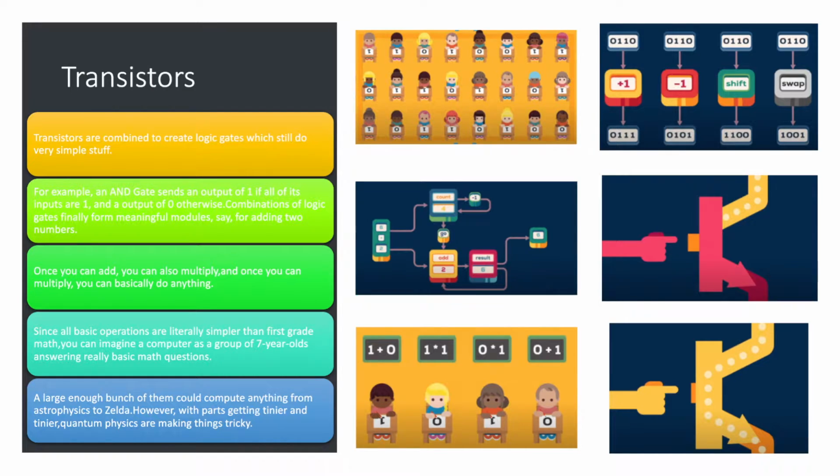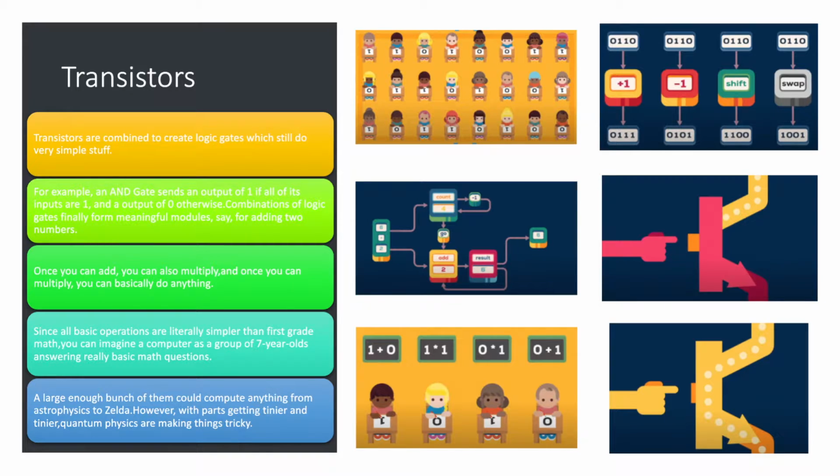Because all the fundamental operations are easier than first grade maths, we may consider a computer as a collection of 7-year-olds completing simple mathematical problems. They could compute everything from astrophysics to Zelda, if there were enough of them.